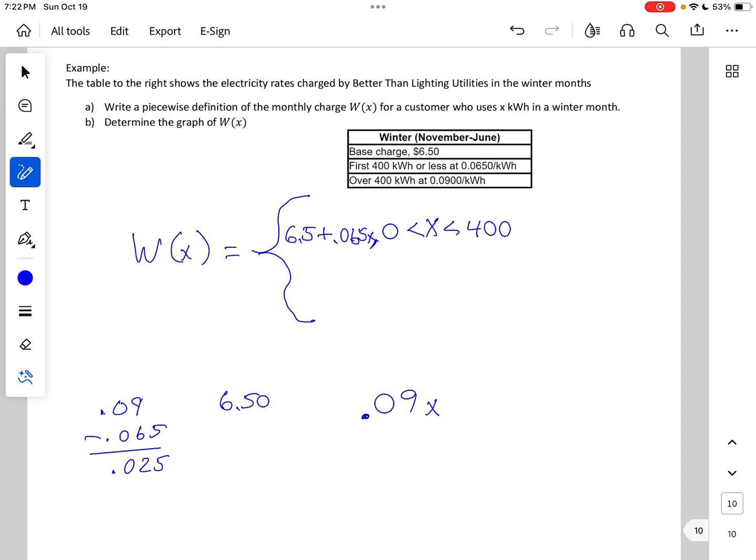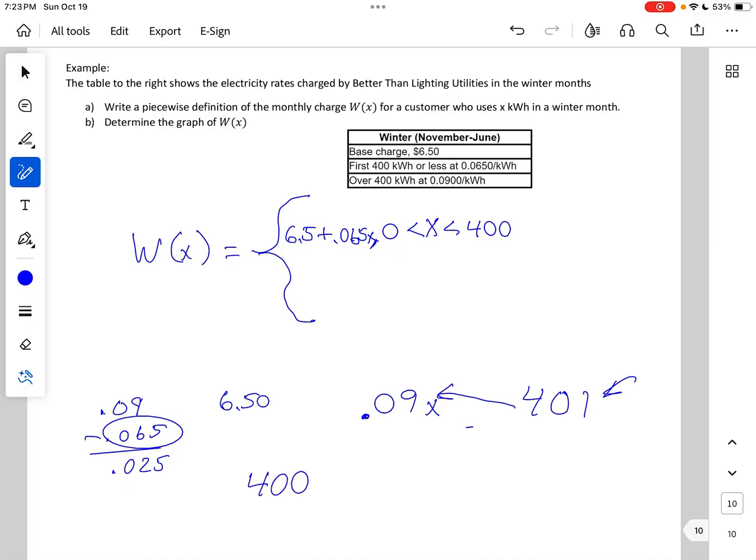So if I just have 0.09 times x, and if I had 401 kilowatts, I can't charge all of it at 9 cents, right? The first 400 needs to be charged at 6.5 cents, and then the 1 kilowatt needs to be charged at 9 cents. Okay, so we're just going to calculate it. It's going to be a constant number.